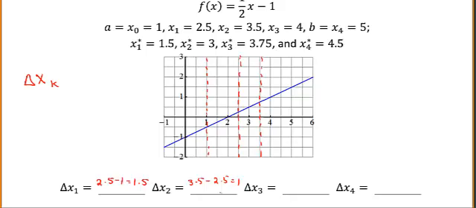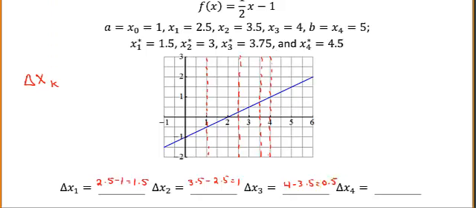Excuse me, x sub 3 is at 4. So notice here at 4, this next interval is going to go from 3.5 to 4. It's going to be a half a unit long. We could calculate that if it wasn't so obvious as the right end minus the left end, 4 minus 3.5 is 0.5.